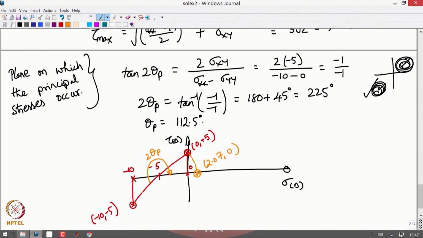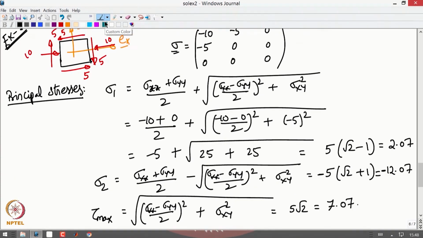So, this angle gives you the minimum principal stress, which is minus 12.07 comma 0. Okay, the other extreme value of the normal stress. Second extreme value of the normal stress is given as 12.07 comma 0. Okay. So, that is that plane.